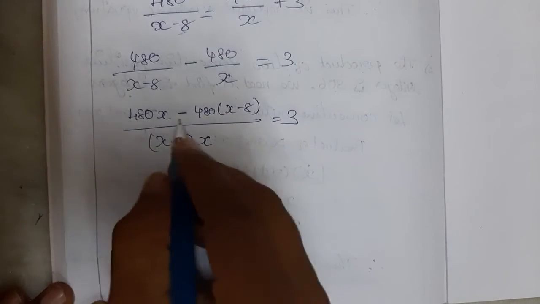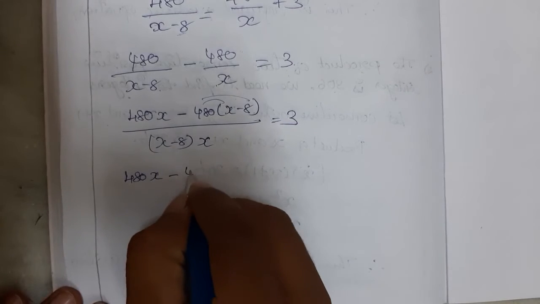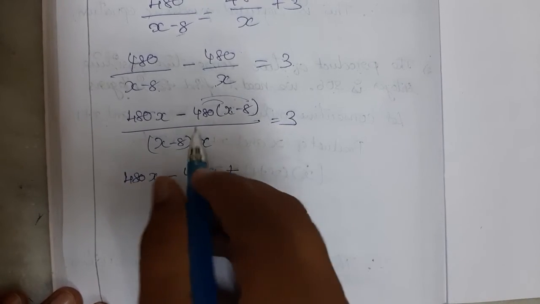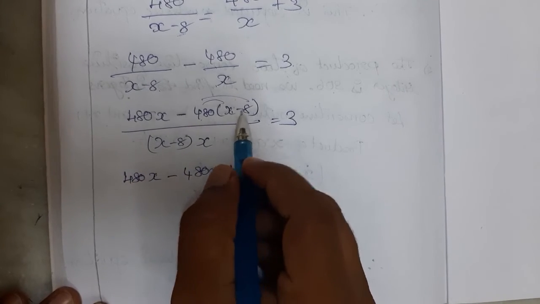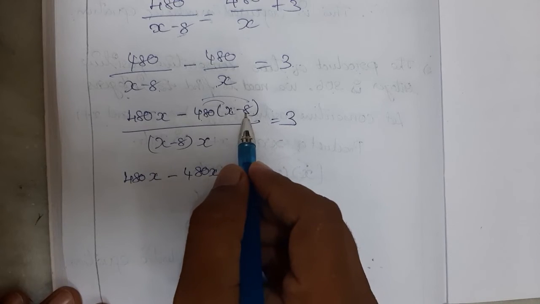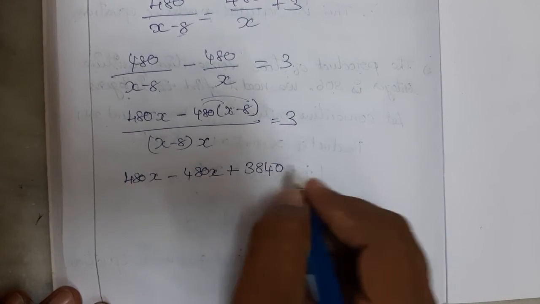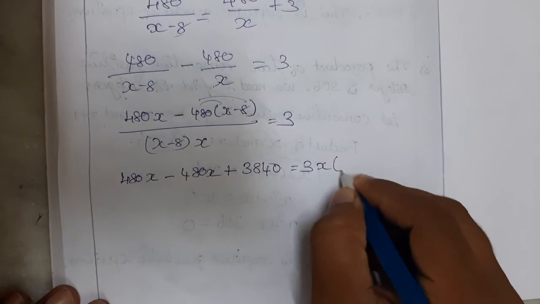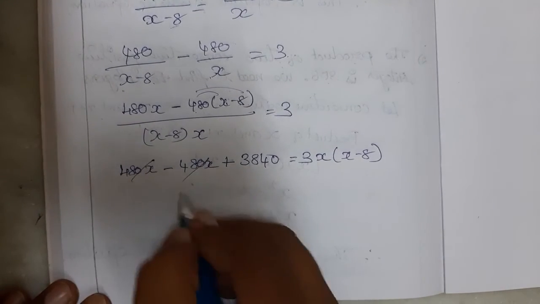Let us simplify: 480x minus 480x, and minus into minus is plus, 480 into 8 is 3840, and the x terms cancel, is equal to 3 into x minus 8. Clear? 480x minus 480x is 0.